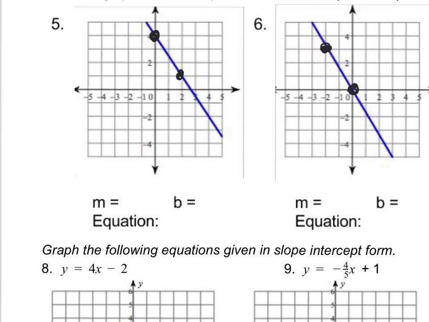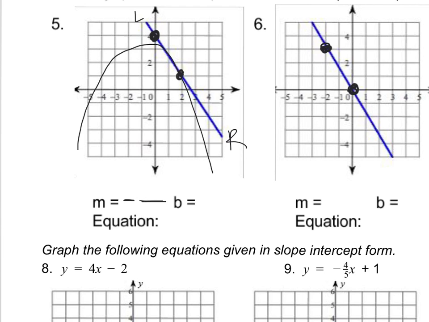If this was a mountain, would you be going up the mountain or down the mountain if you were looking from left to right? You would be going down the mountain, so your slope is going to be negative.